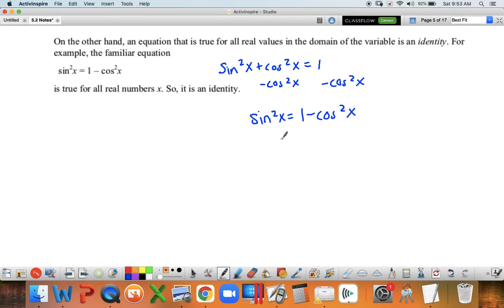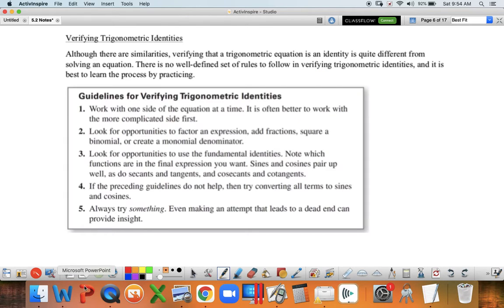But we can show that it works for any value of x. For any angle that I plug into this equation, it will work for our original one, and then it will work for our new one. All we've really done is use our understanding of algebra: if I subtract from one side of the equation, I have to subtract from the other. So that's a bit about what we're going to be doing today.